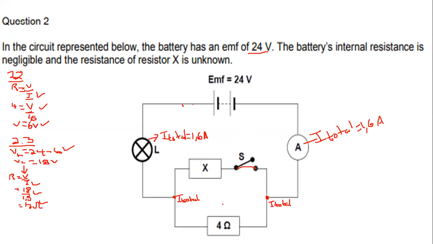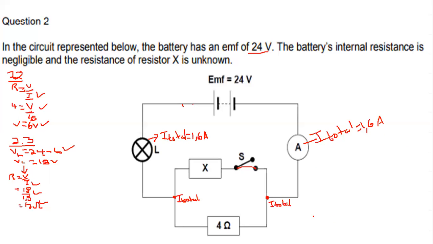And I know that by adding resistors in parallel in a circuit, the total resistance of the circuit is going to decrease. Remember that when you add resistors in parallel and the EMF is kept constant, the total resistance of the circuit is definitely going to decrease.